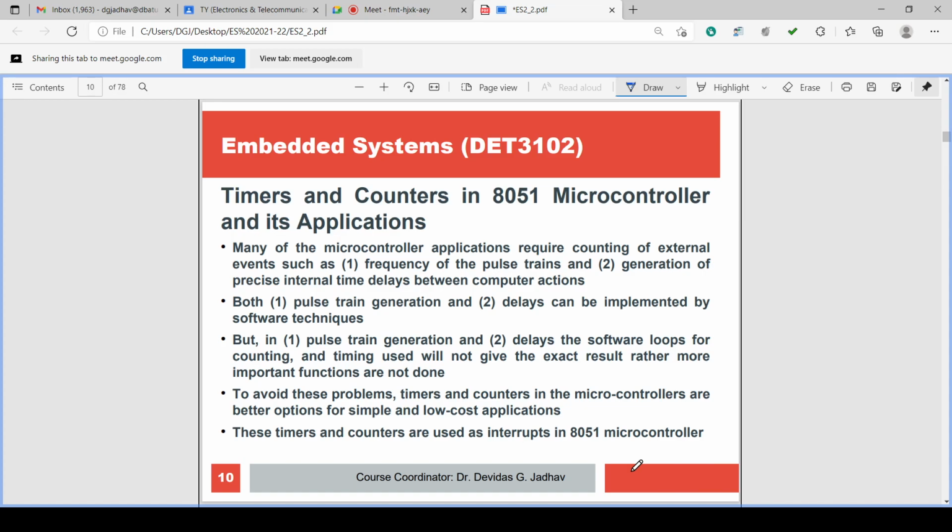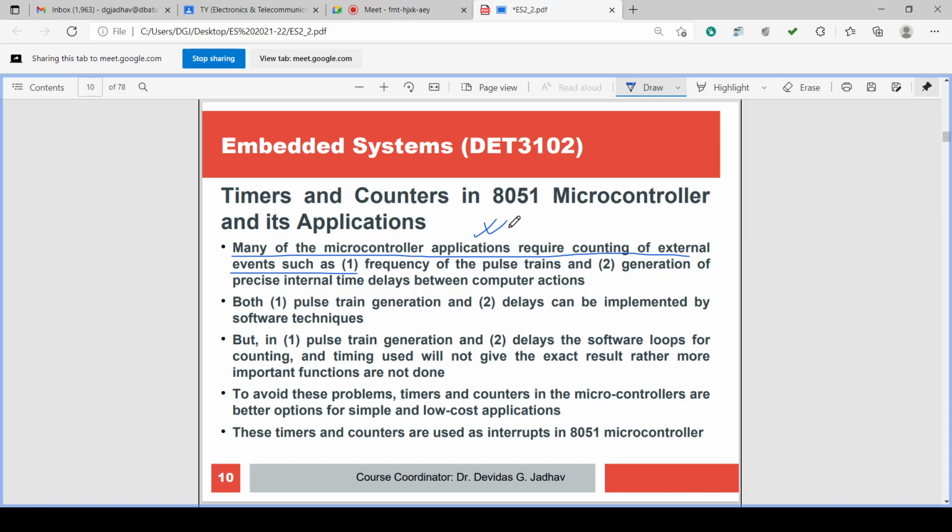In the case of timer delays, these delays are more accurate than software delays. Many microcontroller applications require counting of external events.